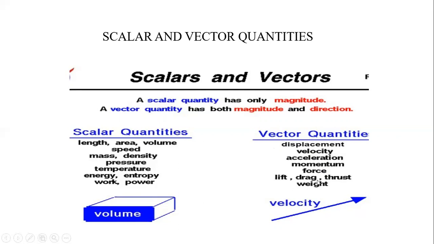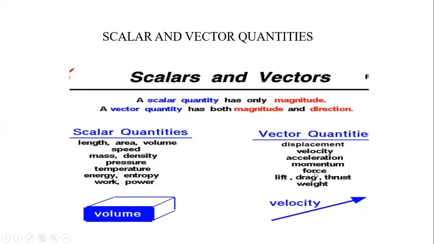If we talk about the force, for example, force is 5 Newton, but it also needs direction for its specification. In which direction are you applying it? Someone can ask you, in which direction are you applying a 5 Newton force? So it means that force needs direction as well as magnitude. 5 Newton, 5 is the magnitude, and if you say in the right direction, that is the direction.